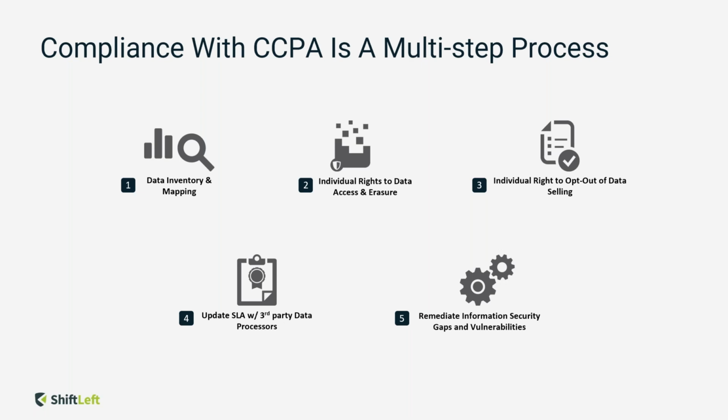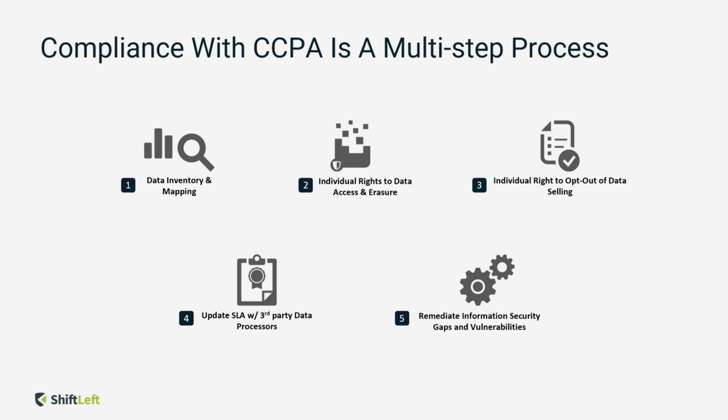So the Act clearly lays out 5 steps, starting with data inventory, then the individual rights that we looked at, enabling customers to have that option. And also, as part of this process, if you have figured out any security gaps or vulnerabilities in your applications, putting remediations in place. And one thing CCPA requires is also to show that the remediations that you have put in place actually work. Right?